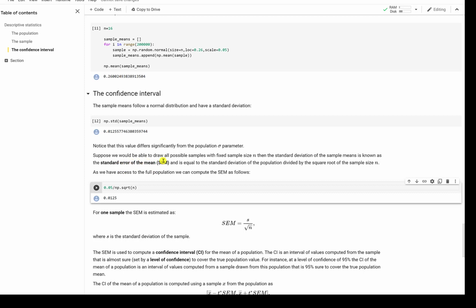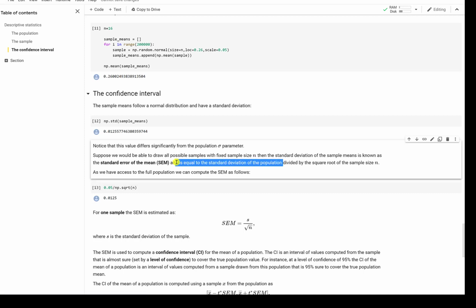And the standard error of the mean is equal to the standard deviation of the population, which we do not know in reality, divided by the square root of the sample size n. And n is known, so we can compute that.